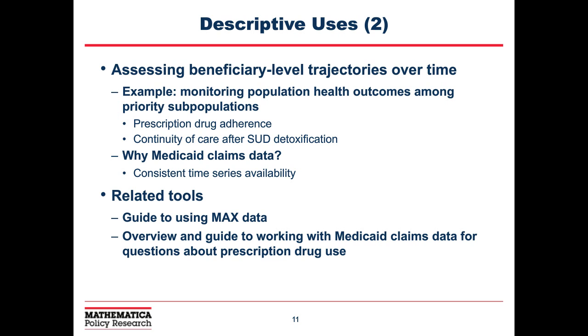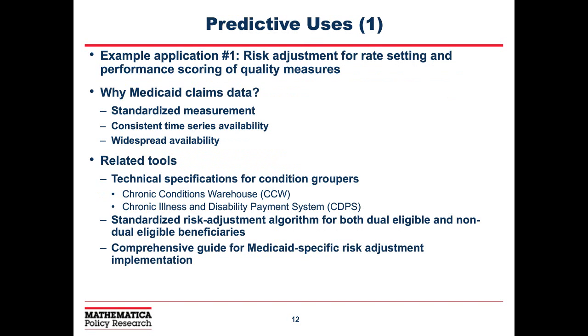So we'll transition now to talking about the second broad class of questions, which are predictive in nature. And I think an application with which a lot of folks are aware is risk adjustment, both for rate setting and capitated payment arrangements, and also for performance scoring and quality measurement. So you'll see here in the why Medicaid claims data bullets, some common themes are emerging, right, carried over from the descriptive work.